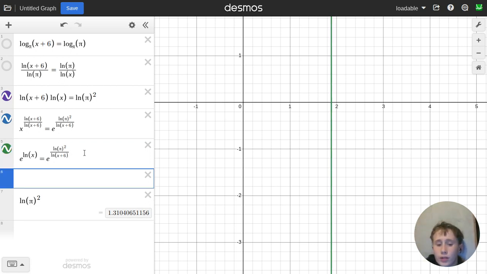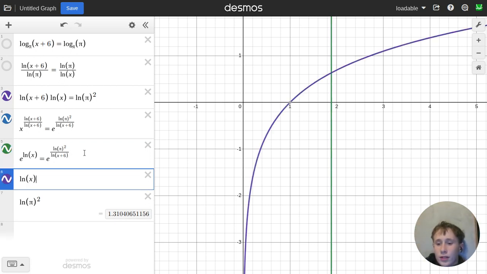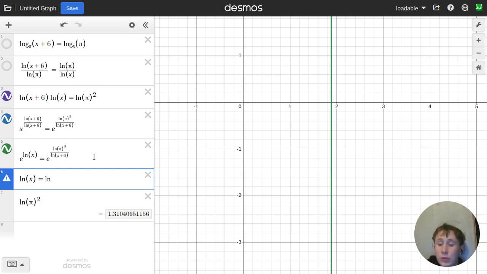Yes! Okay, so log natural x. That results in the same thing, though, doesn't it? Equals log natural. Yeah, it ends up. Wow. I'm shocked I ended up here, though. That's pretty cool.